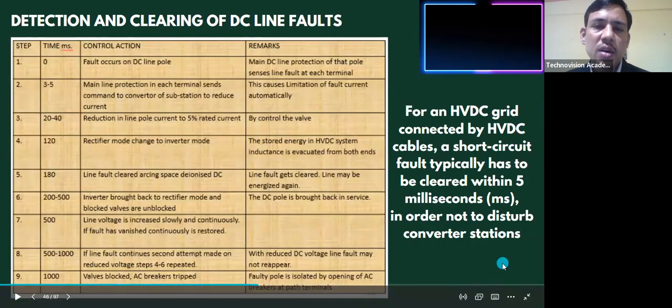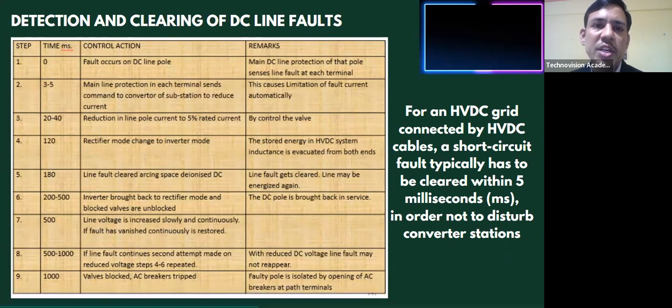Now we'll see the fault detection and clearing time when there is a fault on the DC. Generally, if you see the AC system at 400 kV or 765 kV, it is near about 100 millisecond. Generally 70 to 80 milliseconds is given for a fault to get cleared.